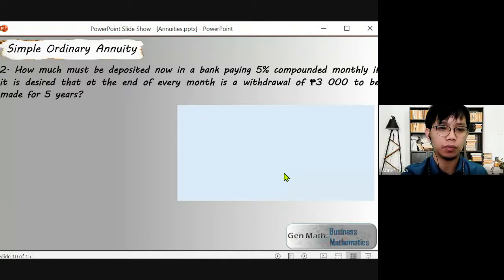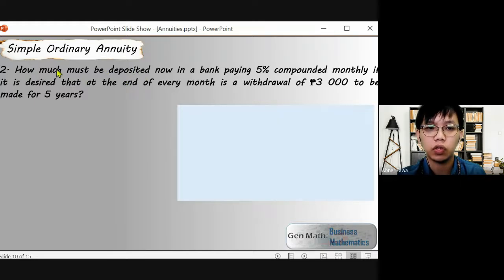Okay, thank you. So we have here the given problem. Again, let us first understand the given problem. So mga examples to na given sa module ninyo. So we have here, how much must be deposited? Ibig sabihin, ang tinatanong dito is, it doesn't specify naman na present value of annuity, but based on this phrase, the context is the present value.